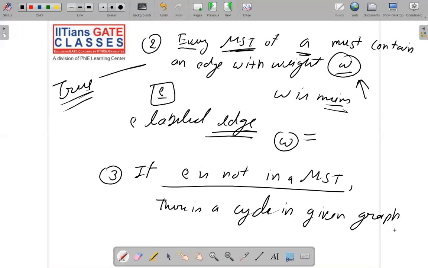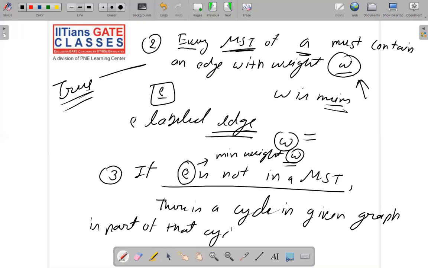So there is a cycle in the given graph where this edge E with minimum weight W is part of that cycle.